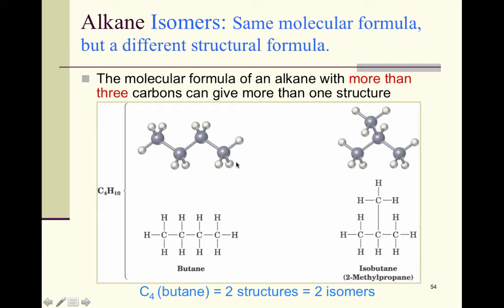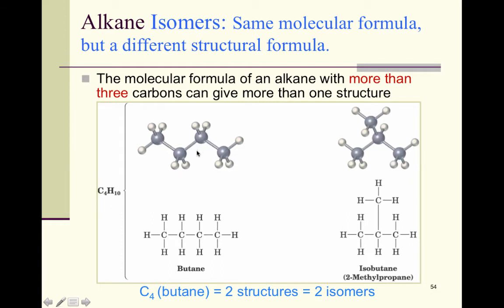Okay, so hopefully you have the model together. If not, pause the video, go ahead and make it. All right, alkane isomers. Isomers have the same molecular formula, but a different structural formula. Both of these molecules here have the molecular formula C4H10. This is a molecular formula right here.